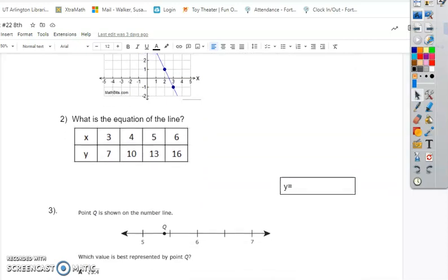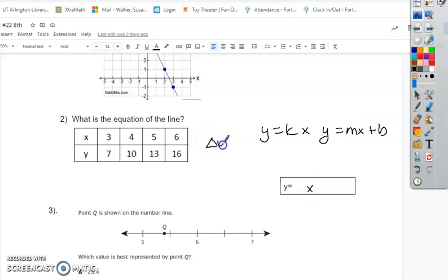Number 2, what is the equation of the line? So your job is to figure out if it's y equals kx, or if it's y equals mx plus b. Either way, we know x and y stay the same, okay?